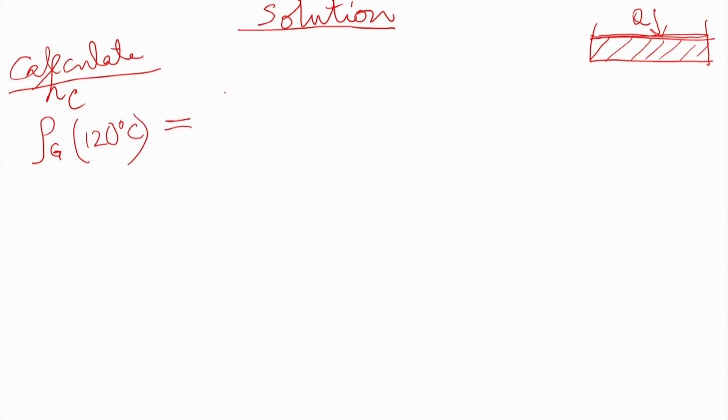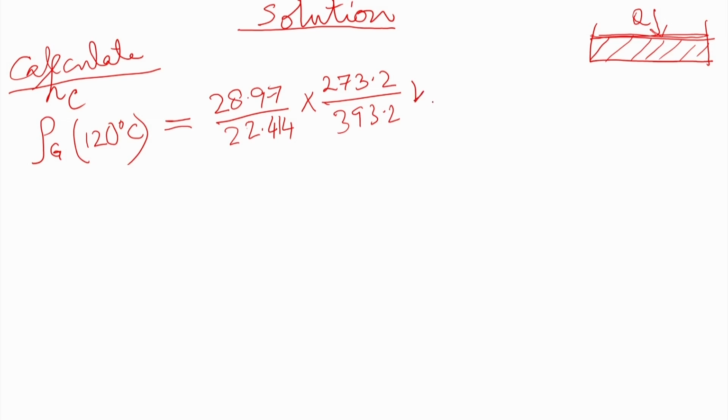It will be 28.97 divided by 22.414 into 273.2 divided by 393.2 kg per meter cube, assuming it behaves as an ideal gas.